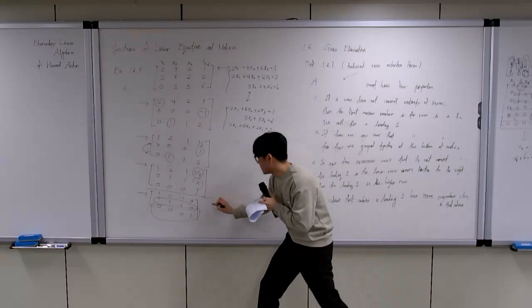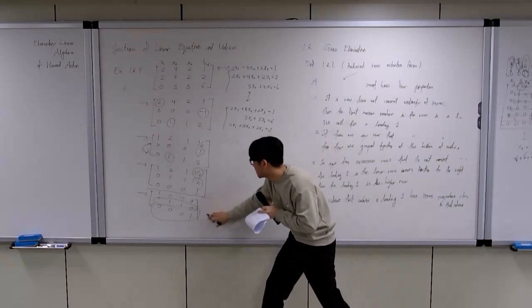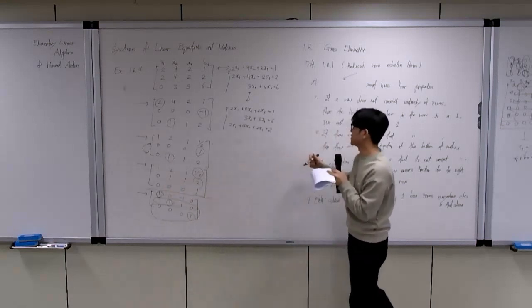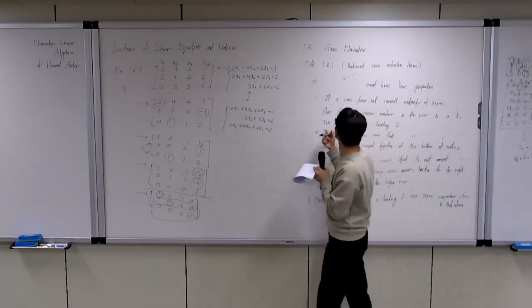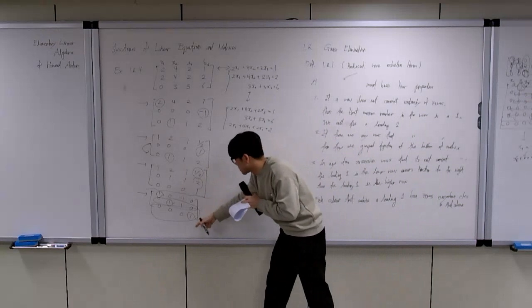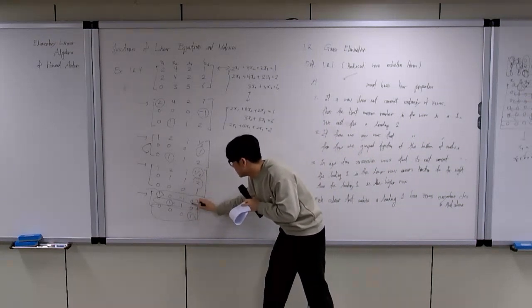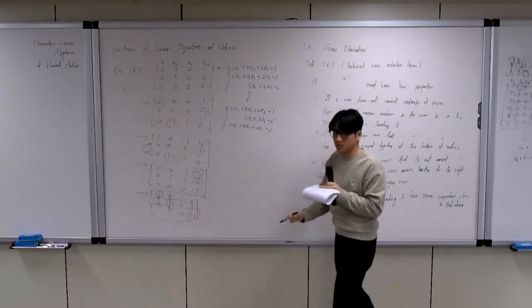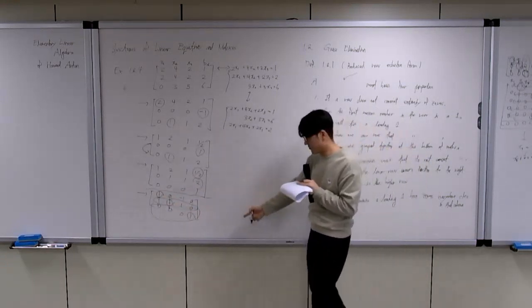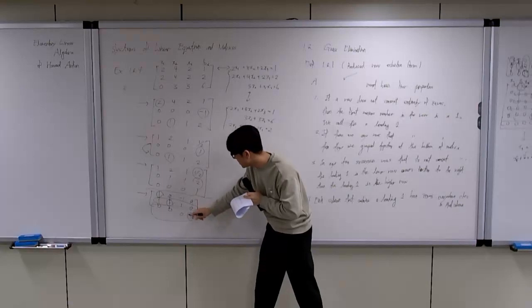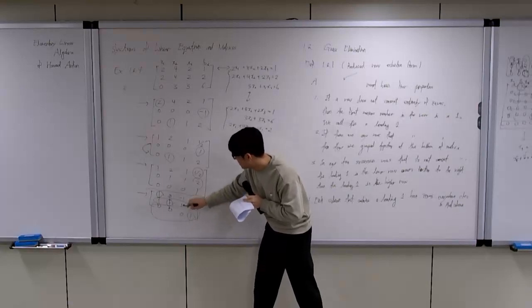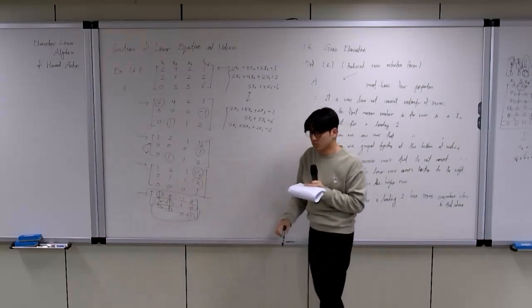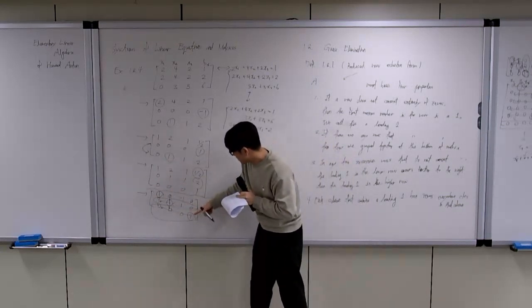And this form is reduced row echelon form, because in the leading ones' columns there is no number other than 0, and to the right of the leading ones everything is 0.